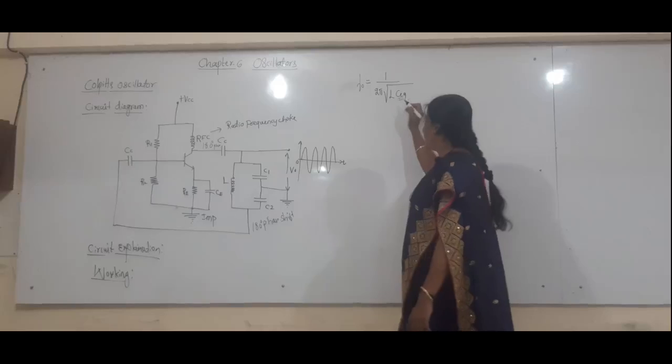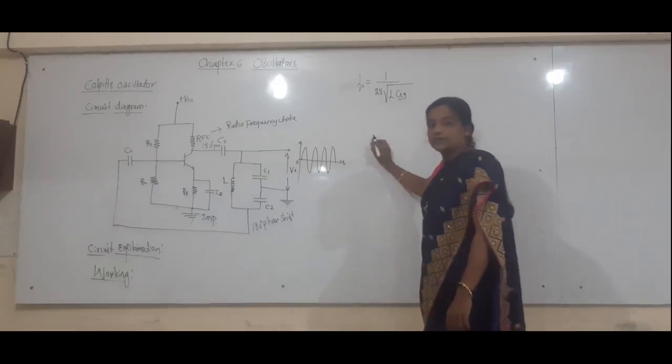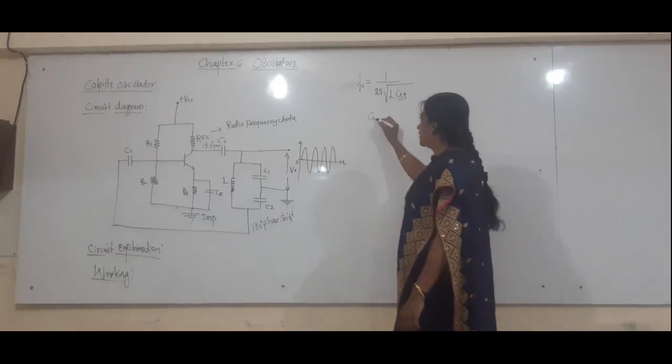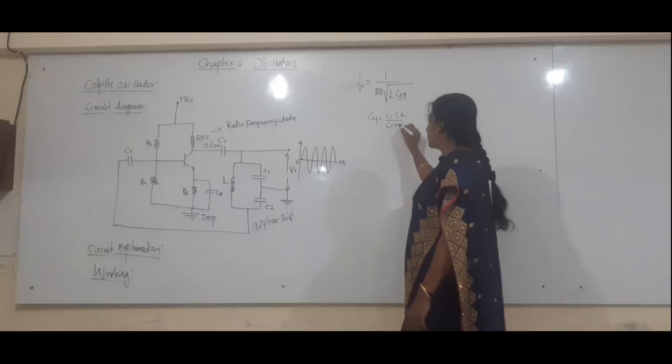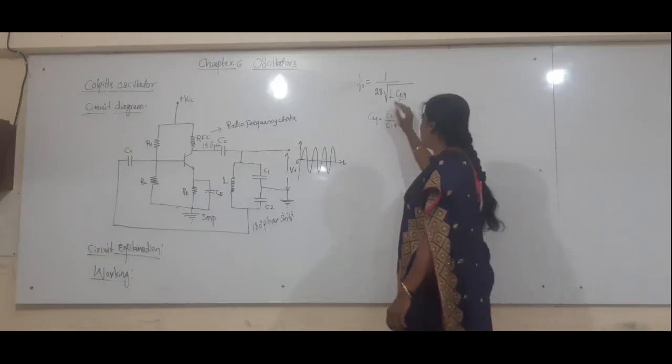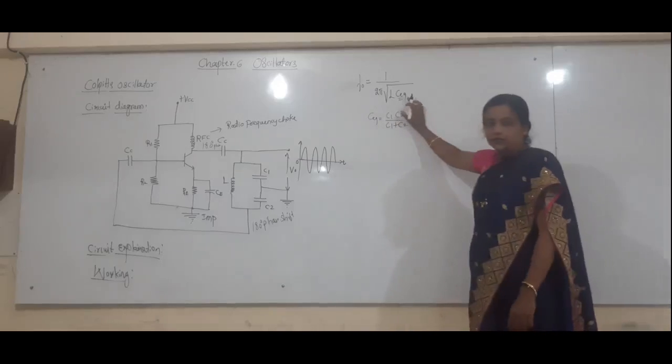So we have to find the effective capacitance C equivalent, which is C equivalent equals C1 C2 divided by C1 plus C2. By using this formula we calculate the effective capacitance.